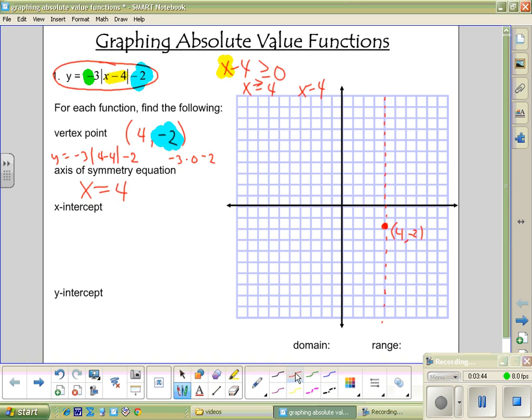That's kind of like the slope in y equals mx plus b. If you see that negative out in front, every single time it's going to go down.